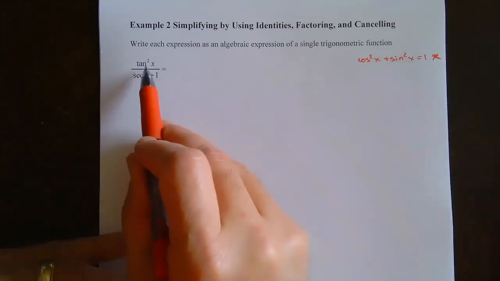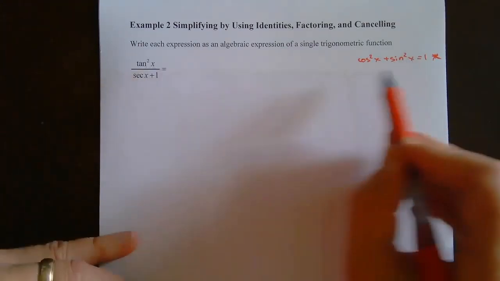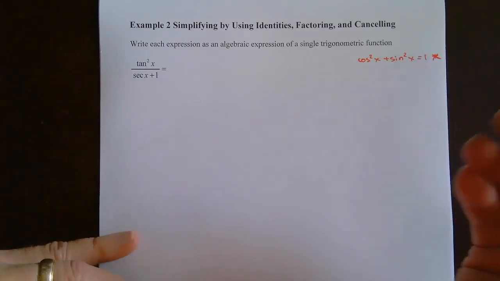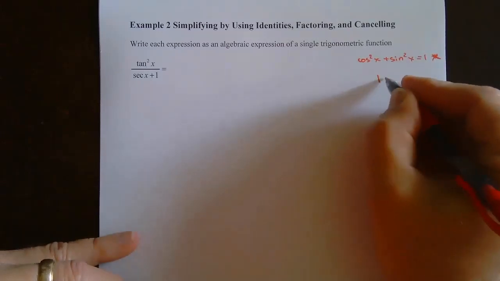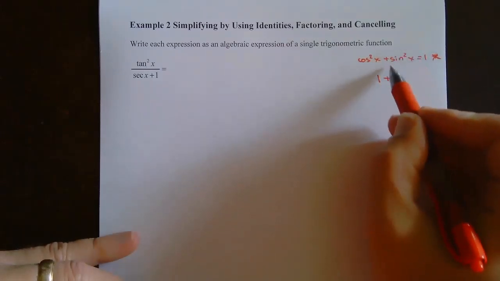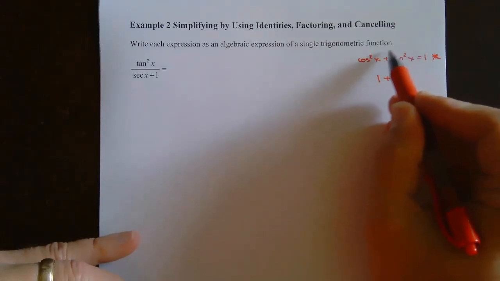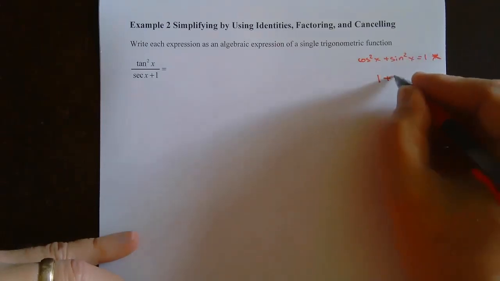Okay, so that's how I'm going to get this tan squared x, by dividing each of these by cosine squared x. What happens when I divide this by cosine squared x? I'm going to get 1 plus, what happens when I divide the sine squared x by cosine squared x? I'm going to get tan squared x.